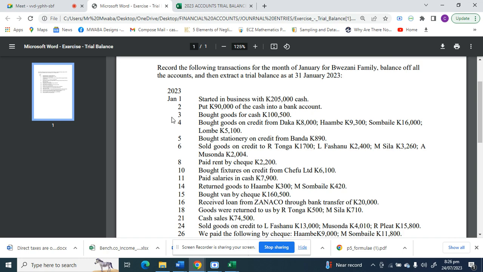Okay. Transaction number 3. Bought goods for cash 105,000. Anybody to give us a preview of what transaction this is? Then you can also tell us the accounts involved, and then you can give an attempt on which one is increasing, which one is decreasing, and which one we can debit.